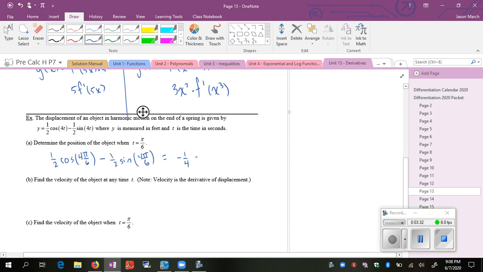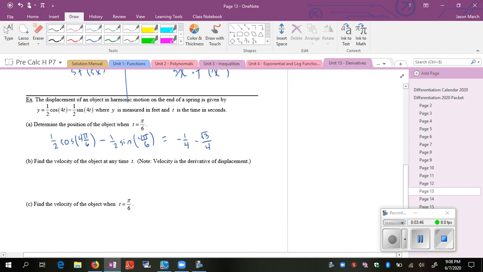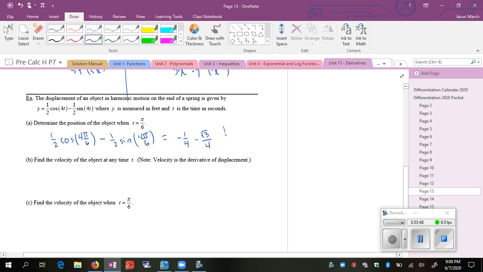That one is going to come out to be negative a half times radical 3 over 2. So we get negative radical 3 over 4. We can leave it like that, or we could write it as one fraction. We'll just write it as that. If we wanted to put units on it, it'd be feet.